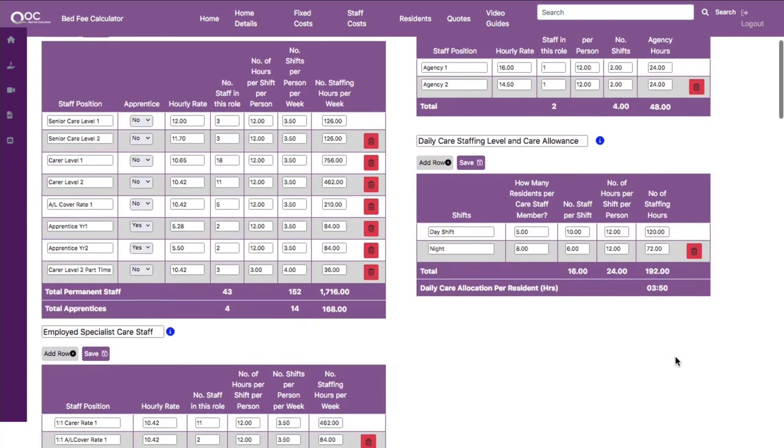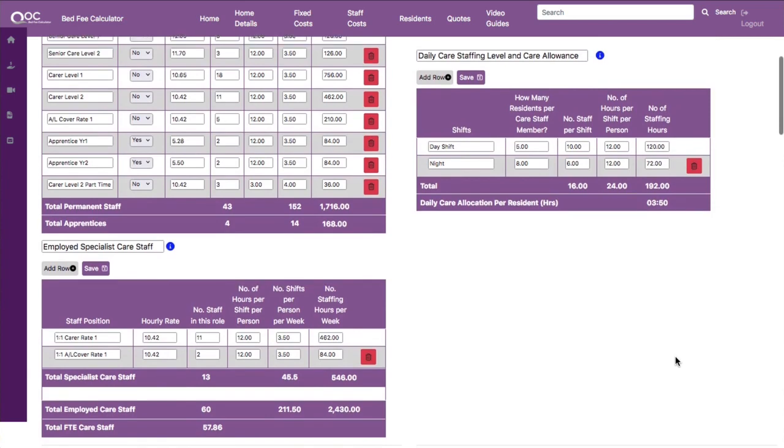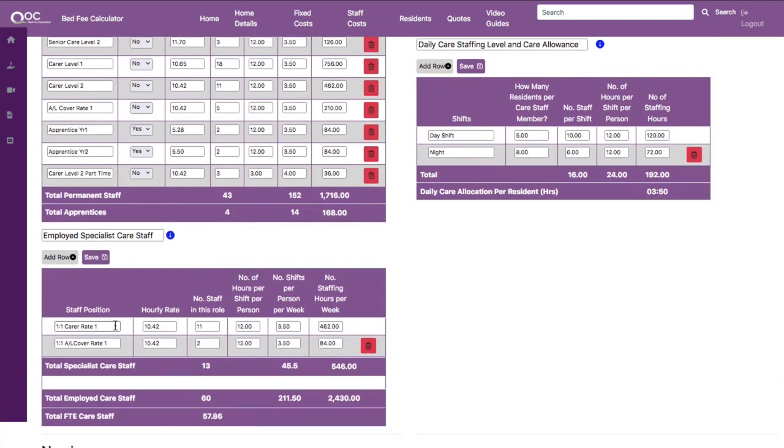Now for specialist care in this case, there is care rate, annual care cover. So 11 extra carers are employed to deliver specialist care. So if none of the residents in this example nursing home needed any specialist care, then this would be 0 and you would simply have the 43 permanent and the 4 apprentices.